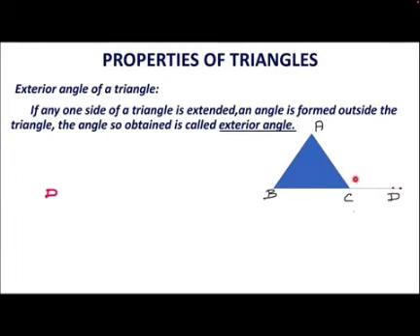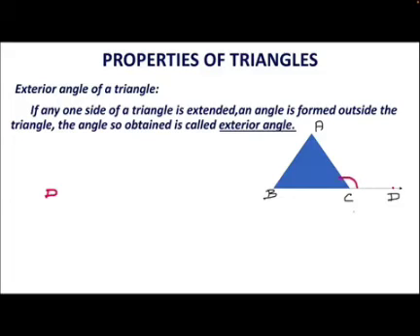This angle ACD is called exterior angle. This is angle A, and this angle B. These two angles become opposite interior angles for this angle. If this is exterior angle, this angle and this angle become opposite interior angles, children.